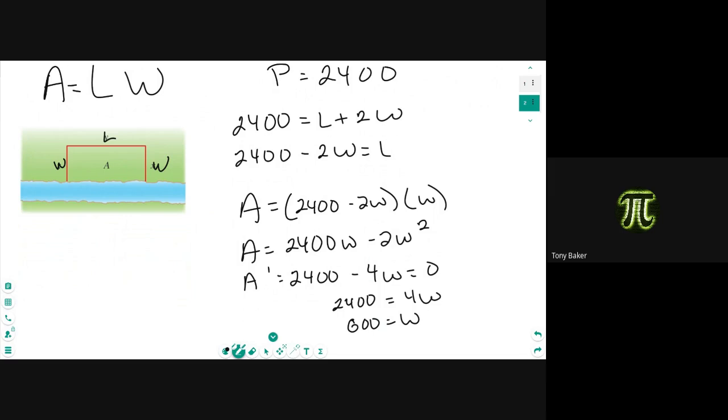In this problem, if I put 2,400 there, it'd be too big, right? Because it's 2 times W. So 1,200 would be the maximum I could have as a width, right? So my width is going to be between 0 and 1,200.